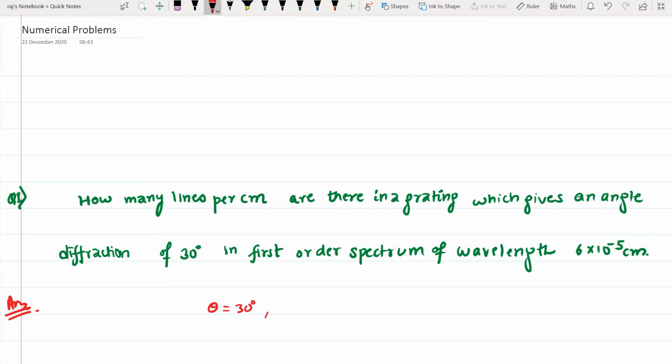Since it is the first order, n is equal to 1 and lambda is given as 6 into 10 to the power minus 5 centimeters. What we are not given is E plus D, but we can easily calculate E plus D from the grating equation.